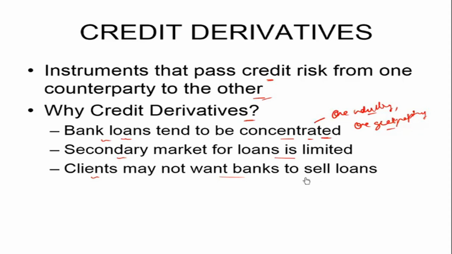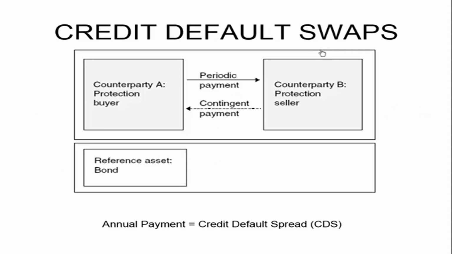So for many reasons, we need credit derivatives that help diversify or transfer credit risk from our portfolio, or bring in credit risk into our portfolio if we so desire. The first and the most common credit derivative is the credit default swap. There are two counterparties.